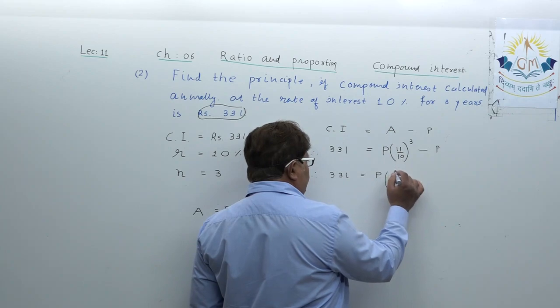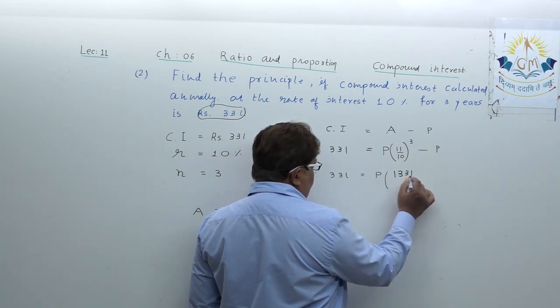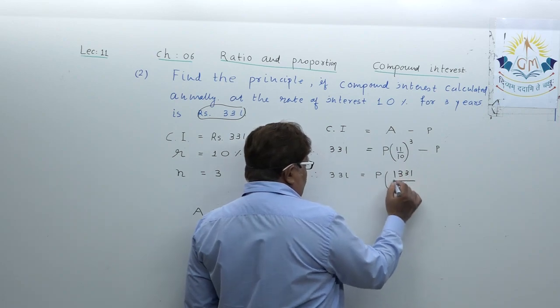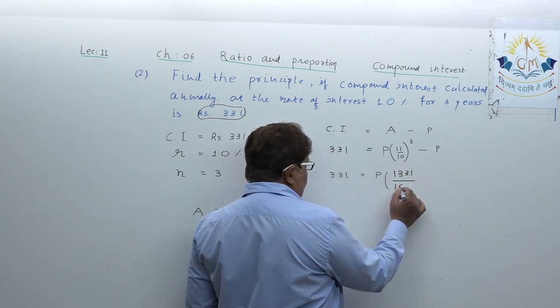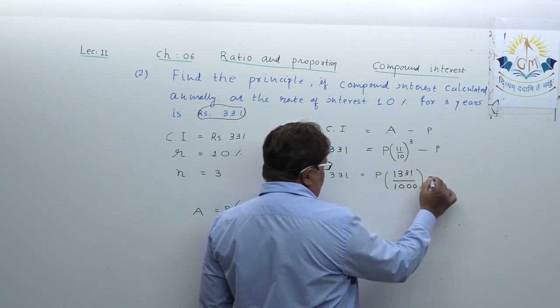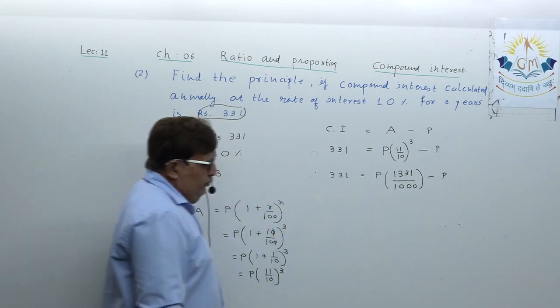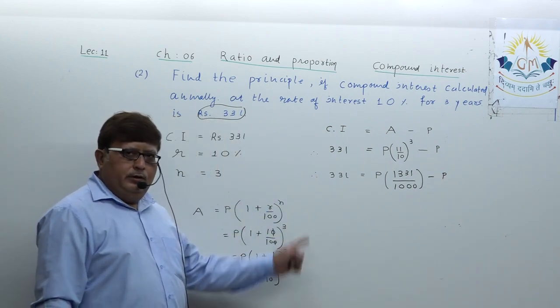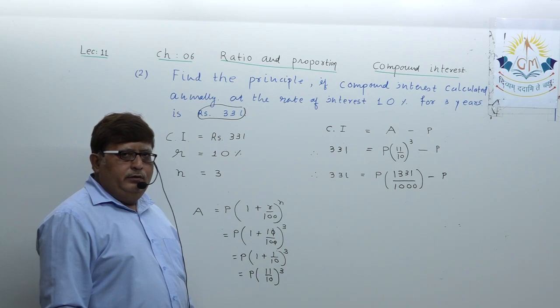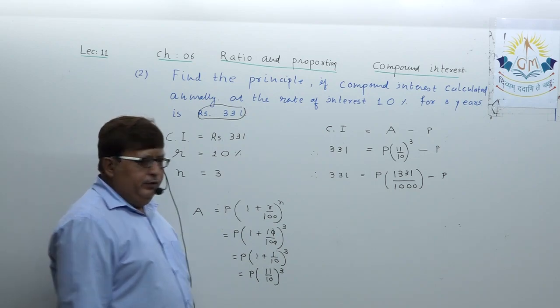What is the cube of 11? 1331. What is the cube of 10? 1000. Minus P. Is it clear? Look at each and every step we are following.